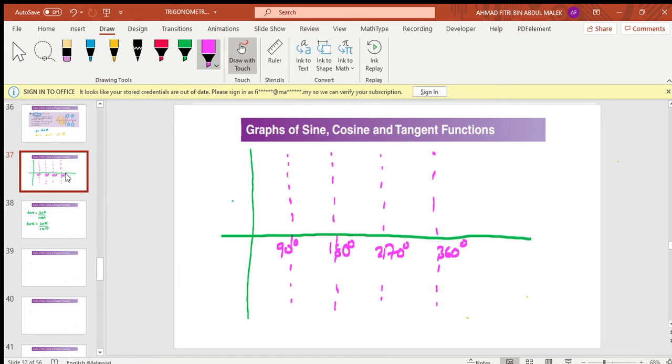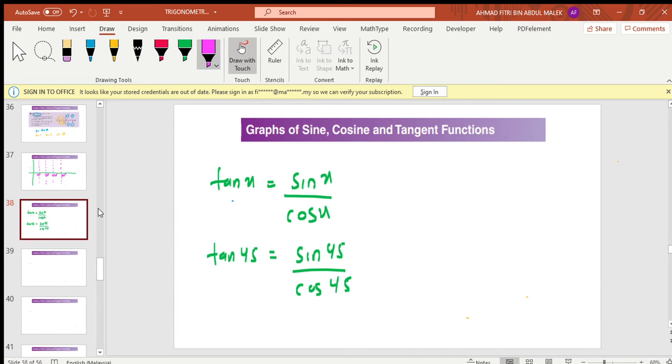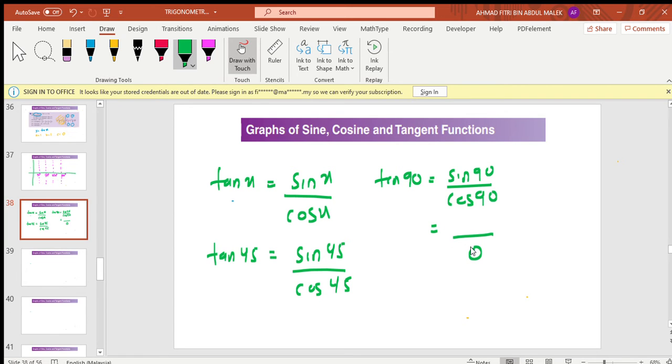If I put tangent 90 degrees, it means sin 90 degrees over cos 90 degrees. When you calculate using the calculator, cos 90 degrees is 0 and sin 90 degrees is 1.